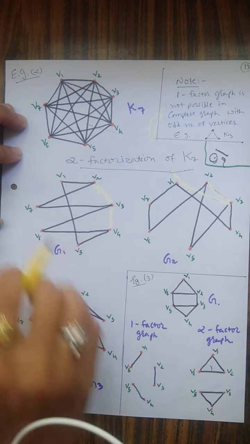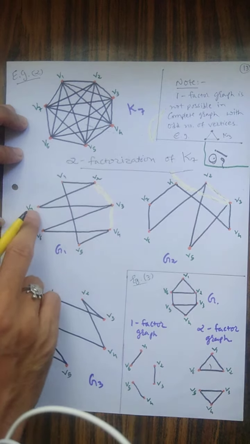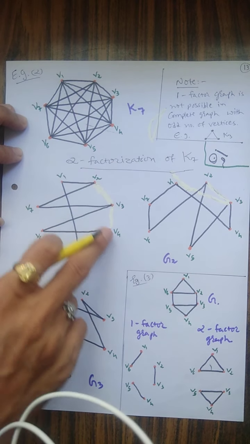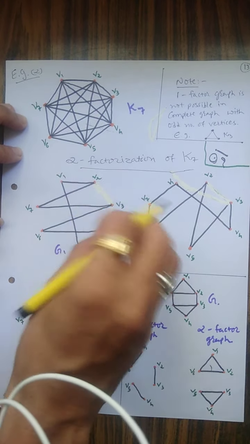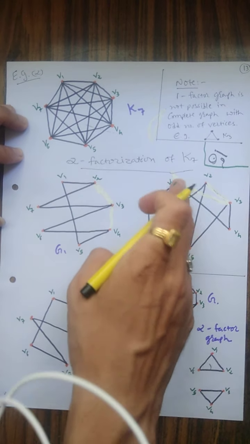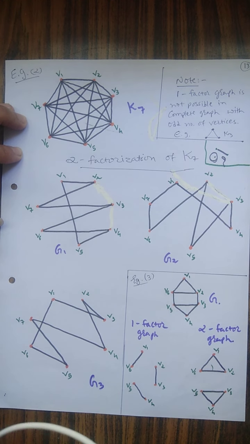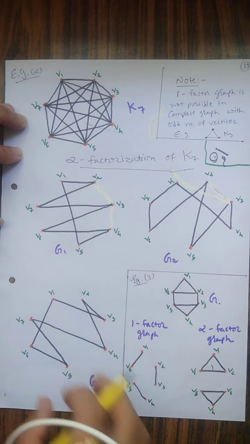Look here, V1 is connected with V2 and V5, V2 is connected with V7 and V3. So I just remove some edges so that we can create these 2 graphs. So V1, V7, V1, V4. These are some examples of creating this, so we can easily create this graph.